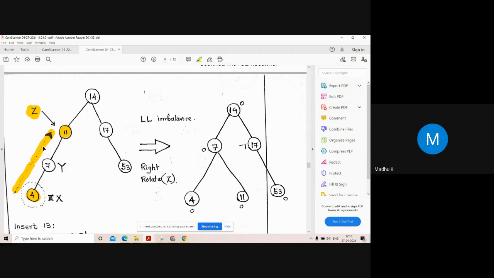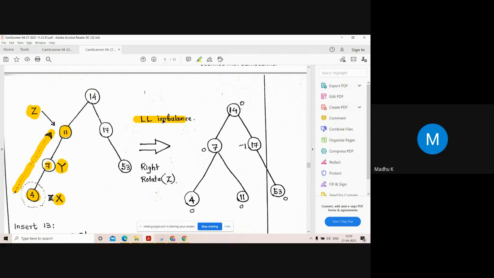In this path, who is the child of Z, or 11? 7. So I marked it as Y. Then in this path, who is the child of 7? It is the left child, and I mark it X. So I got these three. Now I want to check which type of imbalance it is.